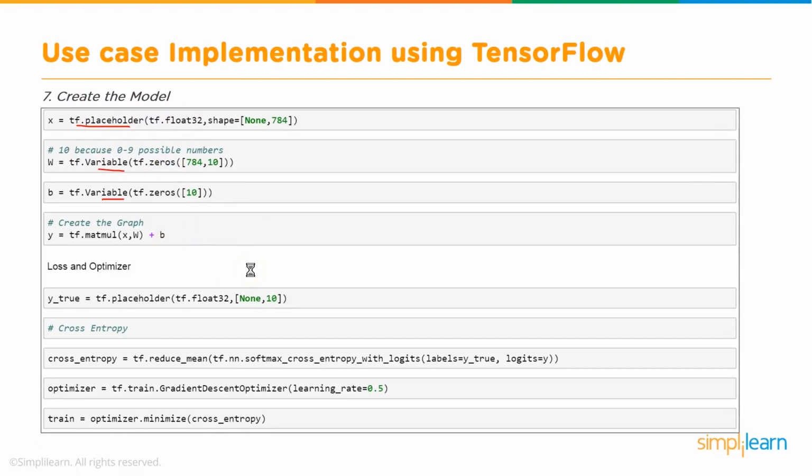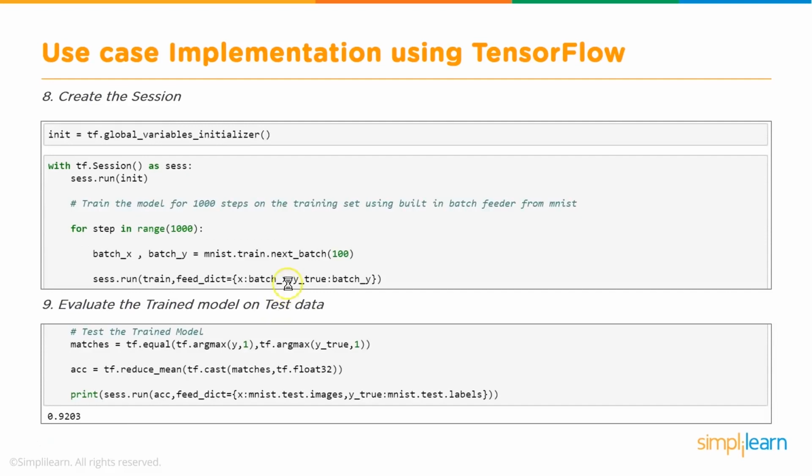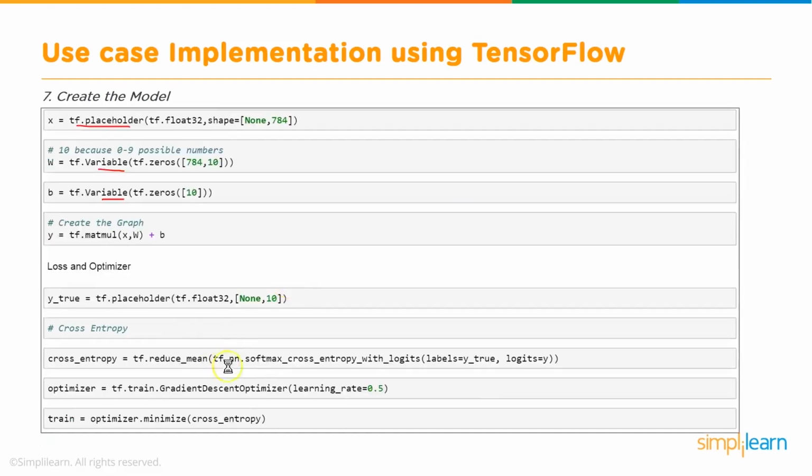And then next we need to define our loss function and our optimizer. In this case, we are going to use the TensorFlow APIs. So tf.nn.softmax_cross_entropy_with_logits is the API that we will use. And reduce mean is the mechanism which says that you reduce the error.